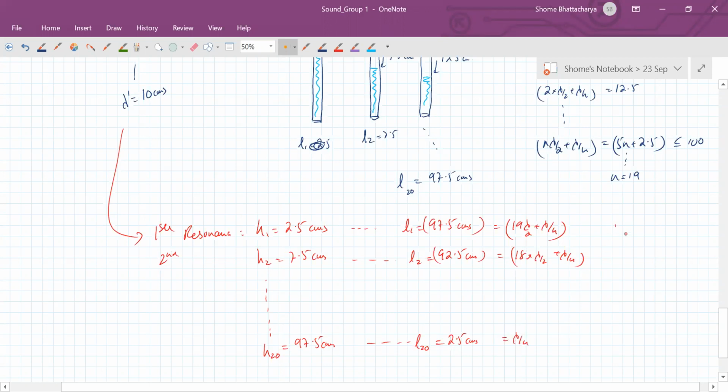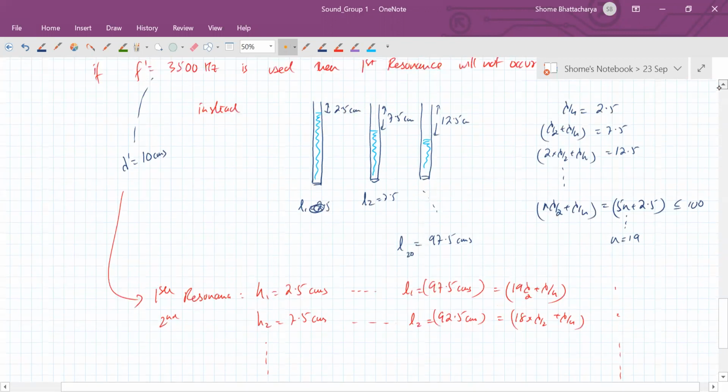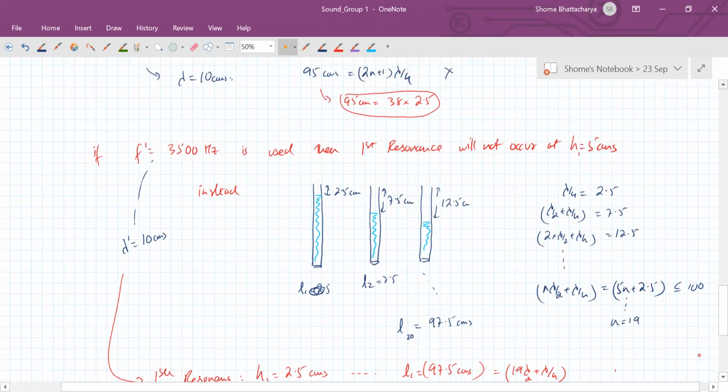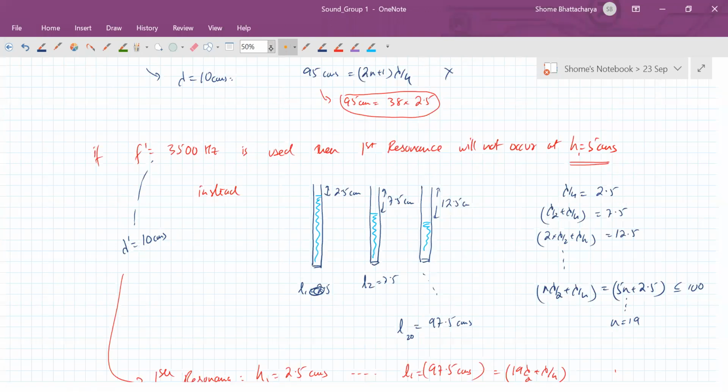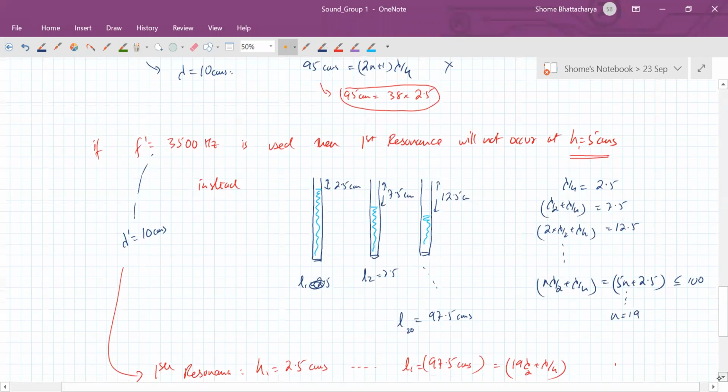So yeah, counting backwards, this would be the 20th. If we use this frequency of 3500 hertz instead of 1750 hertz, then resonance will not occur at this height. Instead the first resonance will occur at 2.5 centimeters, and we will get these many resonances.